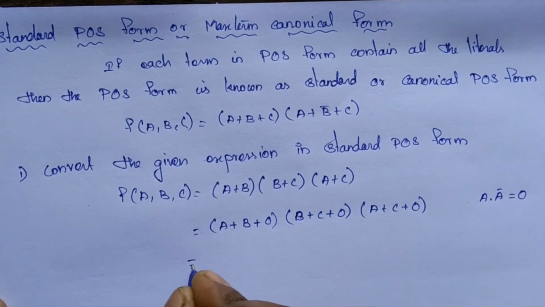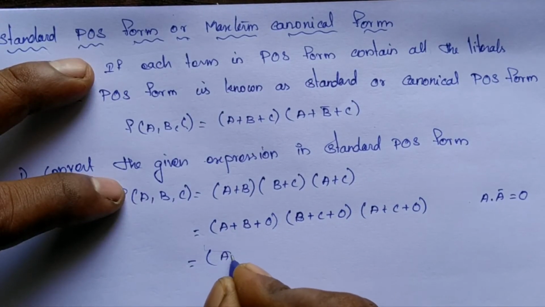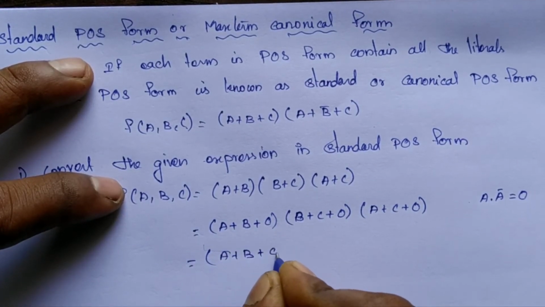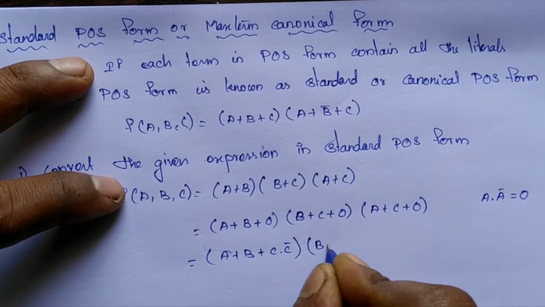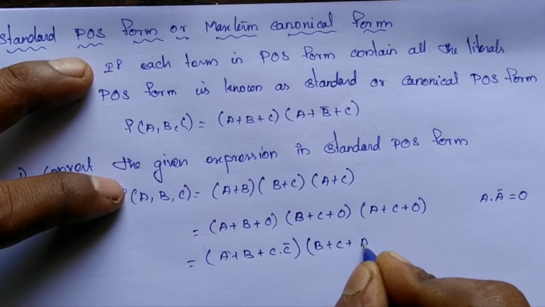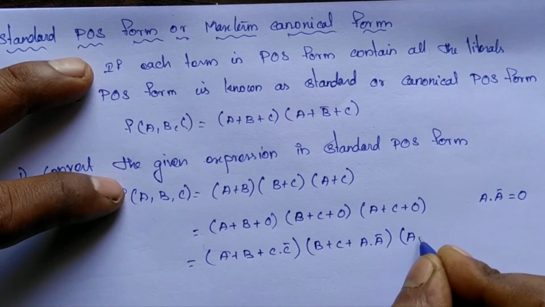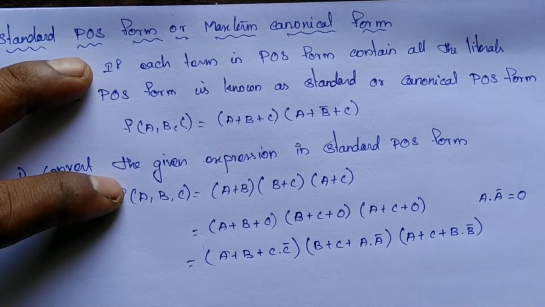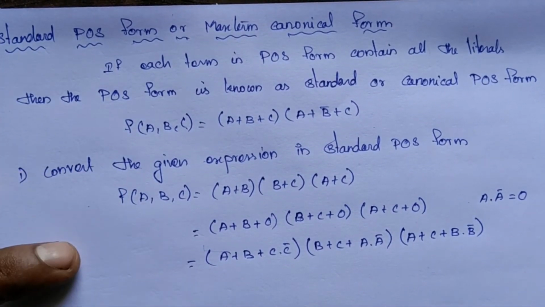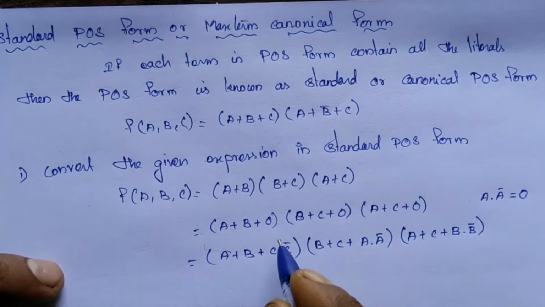Therefore here the missing term is c. Therefore a plus b plus c bar. So b plus c plus a bar. Here b is missing, therefore a plus c plus b bar. After that, we can go for expanding it.